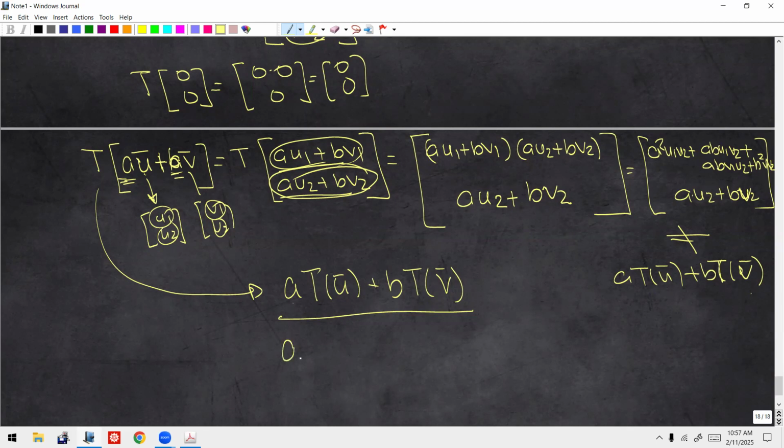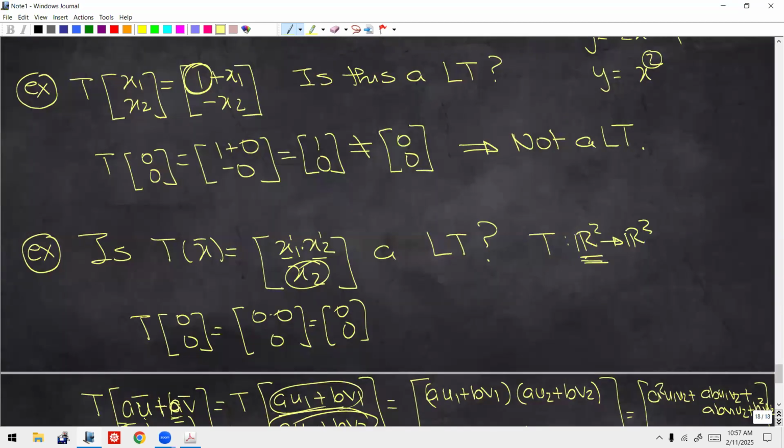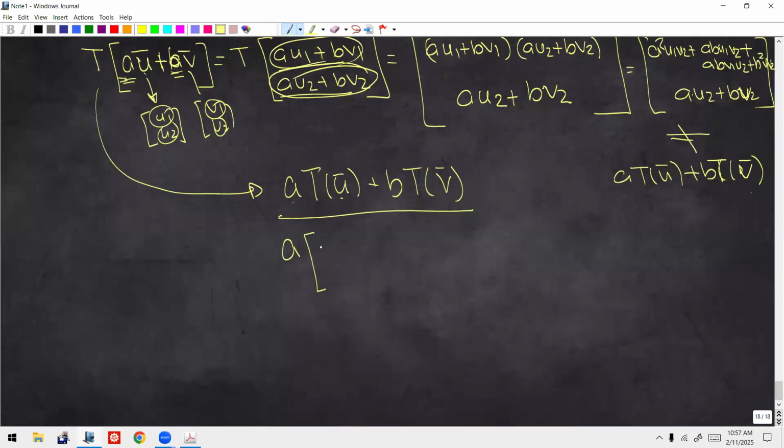Okay. What are we doing? We're taking A and multiplying it by T of U. What does T of U do? Well, according to this, if you replace X with U, you'll get U1, U2, and then you'll get U2. So this will give us U1, U2, and U2. What is T of V going to give us? V1, V2, and V2.